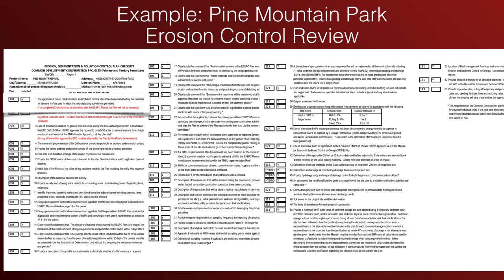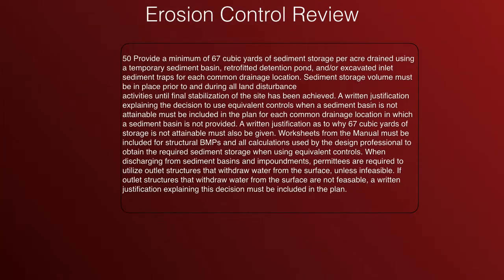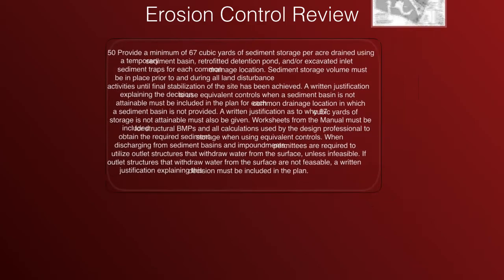Probably the most important is number 50, which reads, provide a minimum of 67 cubic yards of sediment storage per acre drained using a temporary sediment basin, retrofitted detention pond, and or excavated inlet sediment traps for each common discharge location.